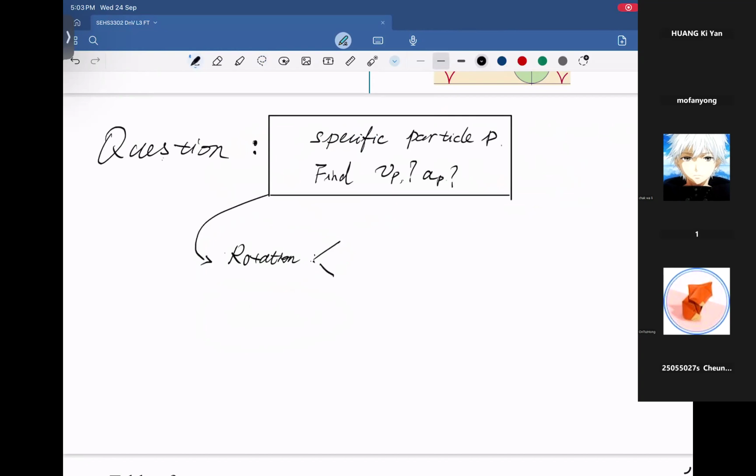vP is omega cross r, we just use vectors. And aP is alpha cross r plus omega cross v. This is what we already know, for the point OP.